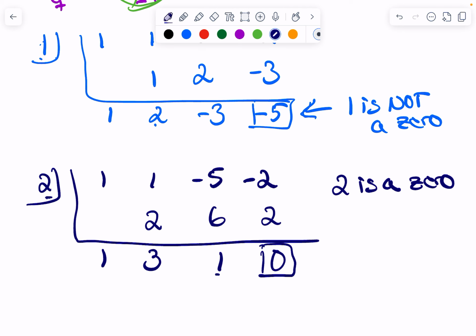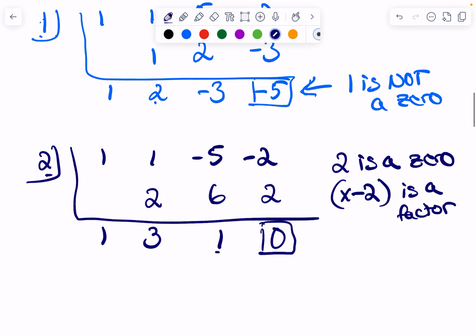So since 2 is a zero, we know that our factor is going to be x minus 2. The other factor comes from these coefficients. So x squared, we do 1 less than the original polynomial function because we took out an x, plus 3x plus 1.